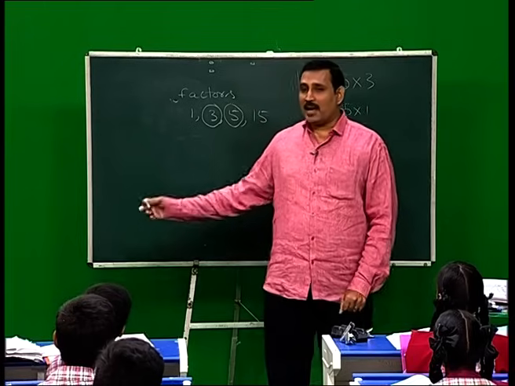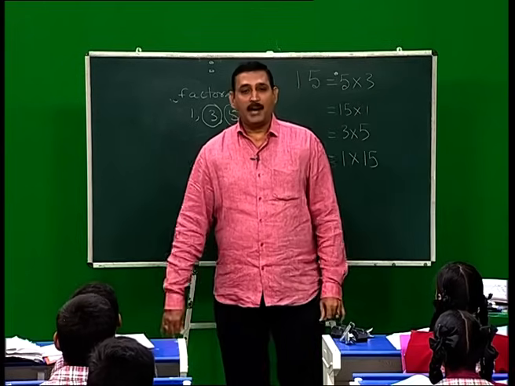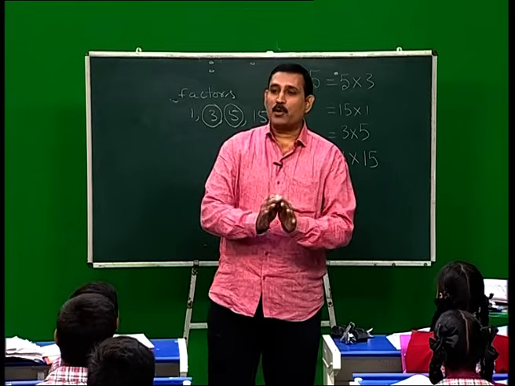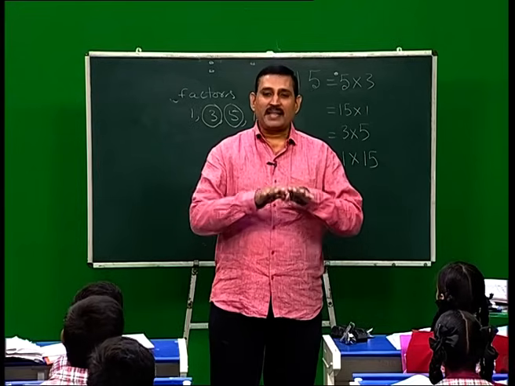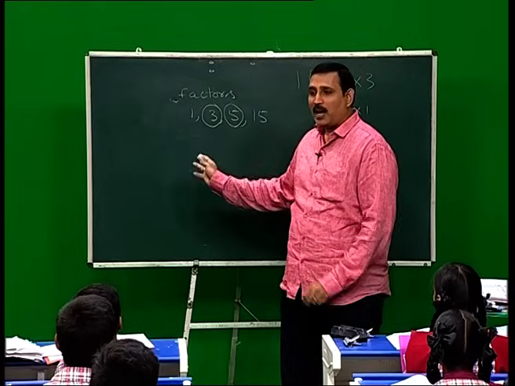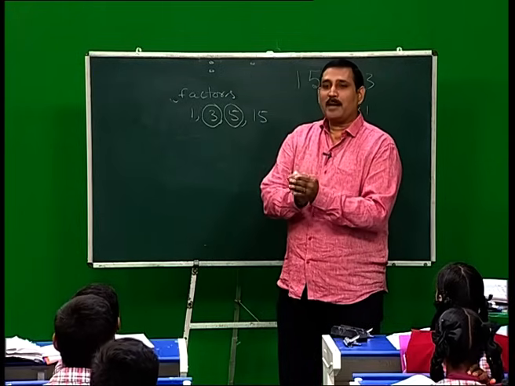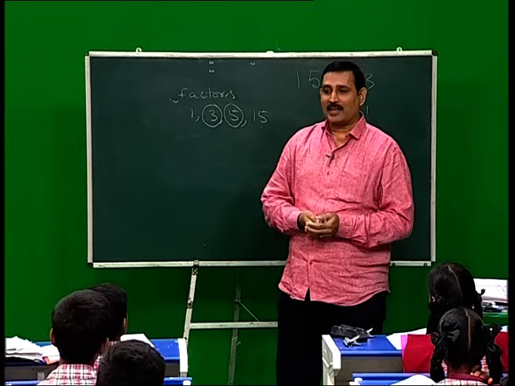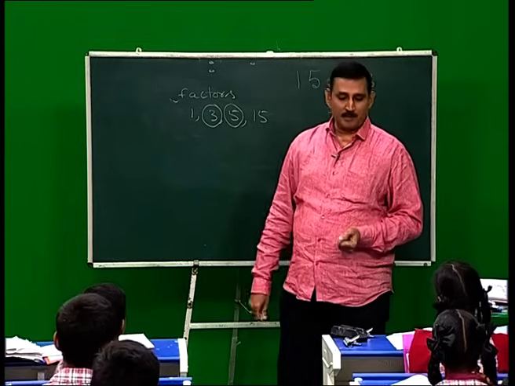Now we have also learnt about prime numbers. If you consider any composite number, it can be split further as a product of primes. A prime number is the smallest thing. You cannot split it further because 1 and itself are its only factors.